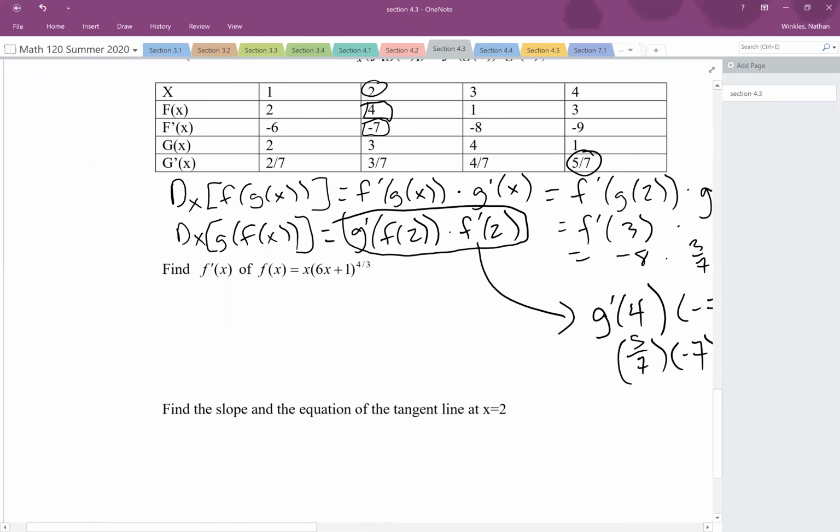So for a separate problem, it says find f prime of x if f of x equals x times (6x plus 1) to the 4/3. So that tells us f prime of x is equal to, we've got a product rule.